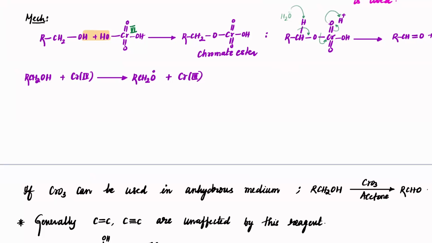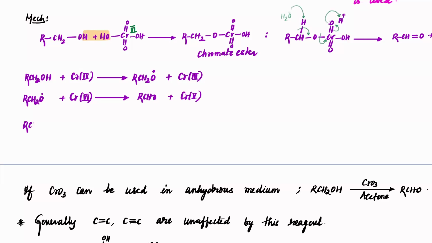Got it? And this radical which is forming, RCH2O dot, with chromium in +6 oxidation state, these two can interact to convert into aldehyde, plus chromium will convert into +5 oxidation state.